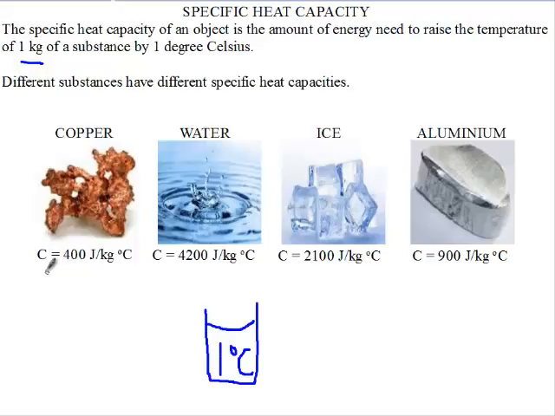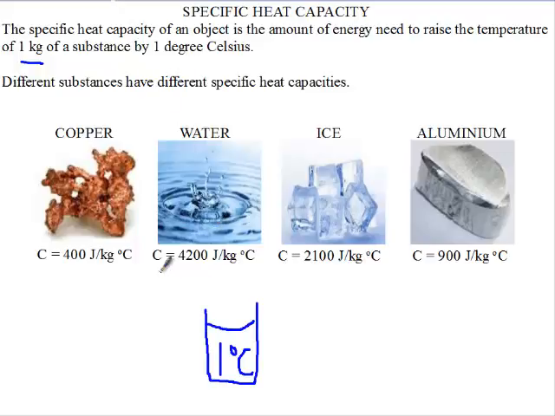Now, over here we see C is equal to 400 joules per kilogram degree Celsius. What this means is that we will need 400 joules of energy to raise the temperature of 1 kilogram of copper by 1 degree Celsius.